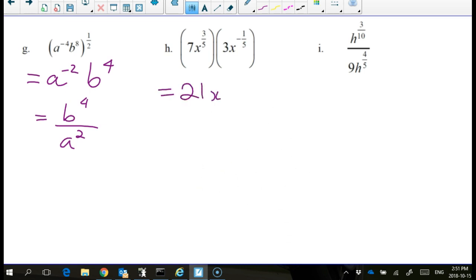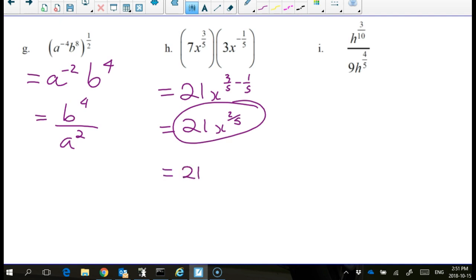So 21x to the 3/5 minus 1/5 is 21x to the 2/5. That's the answer, that's as far as we were expected to go. But on the test, we will have to convert. So 21 times the 5th root of x squared would work, or 21 times the 5th root of x, all squared.